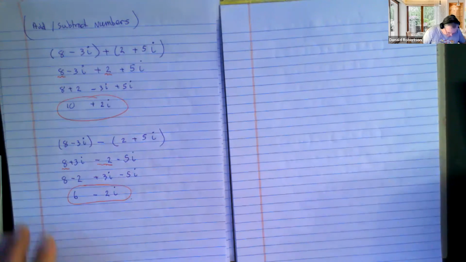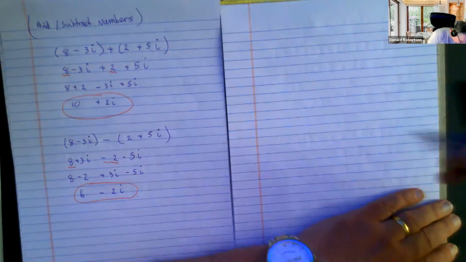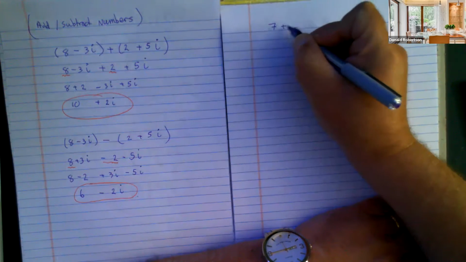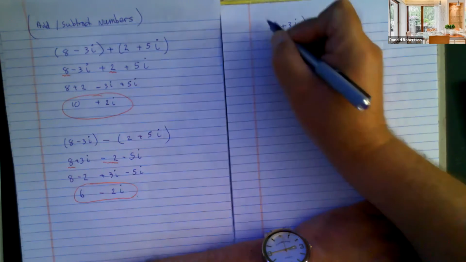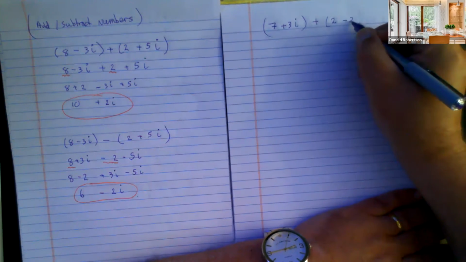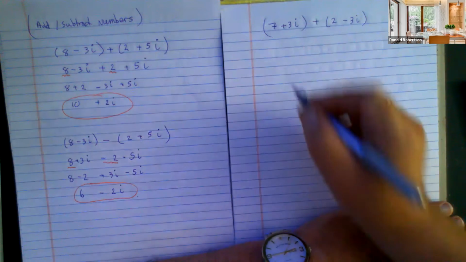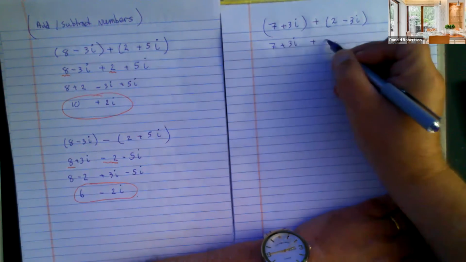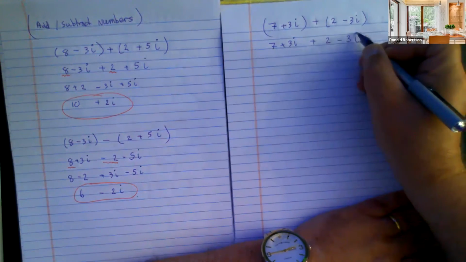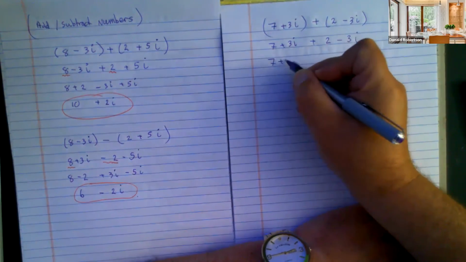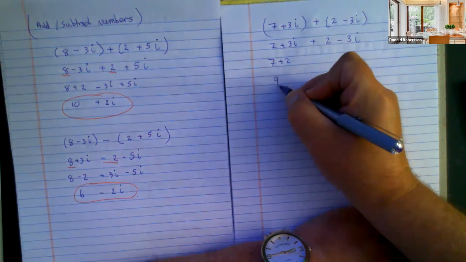Now let's look at some add and subtract with some special extra things going on. So 7 plus 3i add 2 take away 3i. So since it's an addition, I can remove the brackets, but I do not change anything. And I have a 7 plus a 2, which gives me 9.